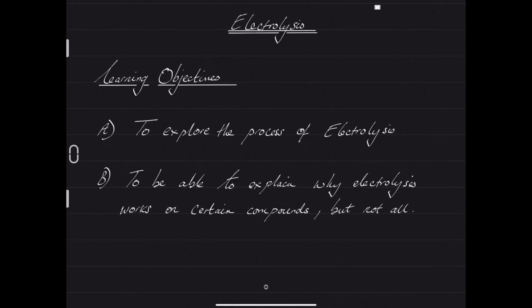So there's an explanation in terms of why electrolysis proceeds the way it does for certain compounds, and we need to be comfortable in that explanation. That will be the second part. For the first part, we will look at an overview of electrolysis, the mechanisms of electrolysis, the setup of it, and then we'll look at the explanation as to why electrolysis works for certain compounds and why we're able to use it for them.